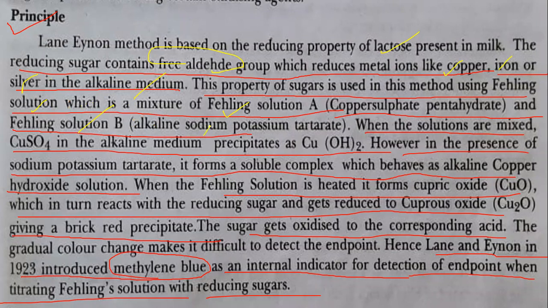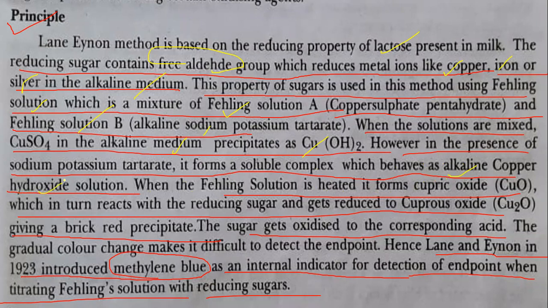When the solutions are mixed, copper sulfate in the alkaline medium is precipitated as copper hydroxide. However, in the presence of sodium potassium tartrate, it forms a soluble complex which behaves as an alkaline copper hydroxide solution.